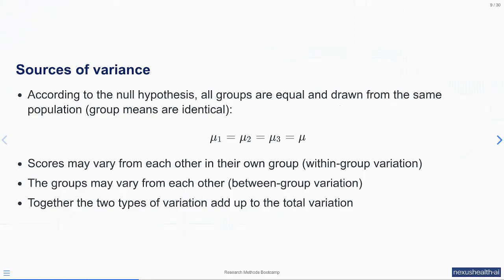Groups may vary from each other, and this is known as between group variation. Together, these two types of variation add up to the total variation in our data.